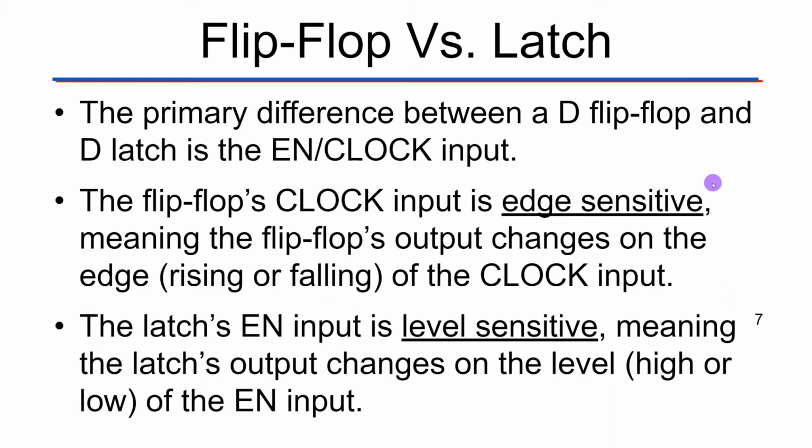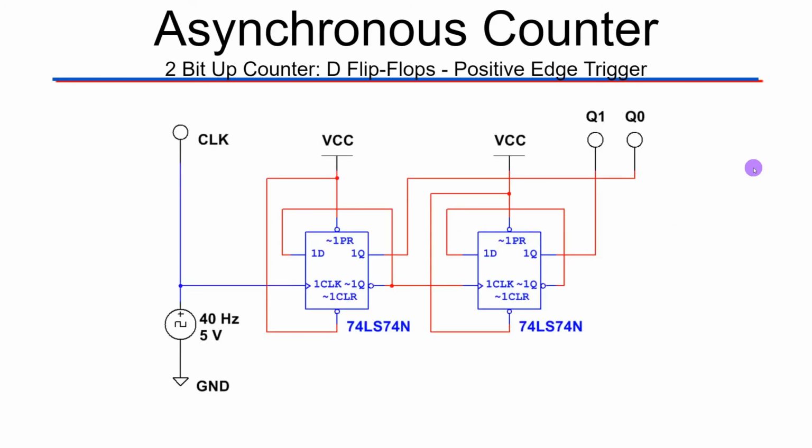So the way we might distinguish this is that flip-flops are edge sensitive, meaning that the information is only saved on either the rising or the falling edge, however it's set up, but only saved on a rising or falling edge of the clock signal. Whereas in a latch, the enable is just going to be taking into account whatever the level of the input is. So if the input is 1 and on, then it's saving 1 and it's saving on. So that's edge sensitive versus level sensitive, and that's flip-flop versus D-latch or transparent latch.